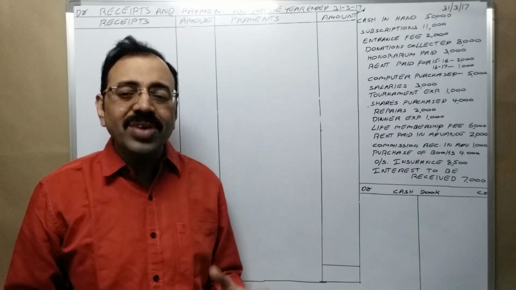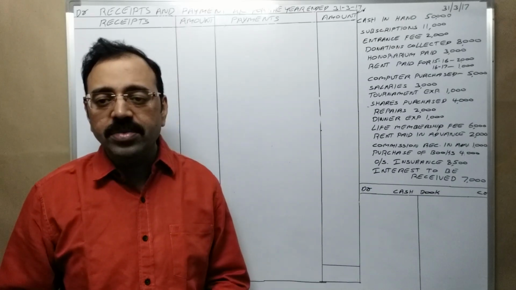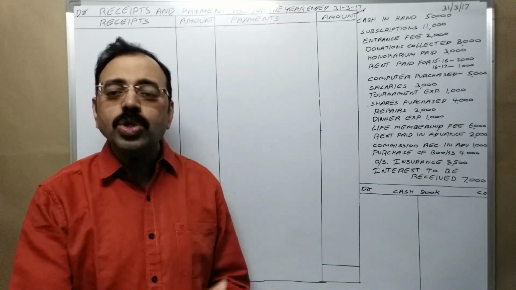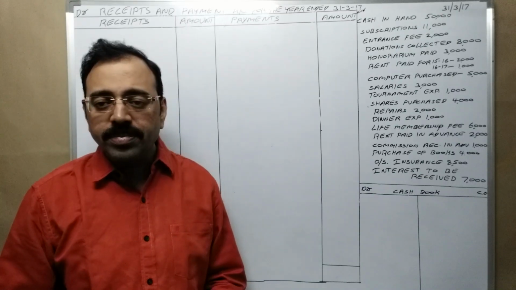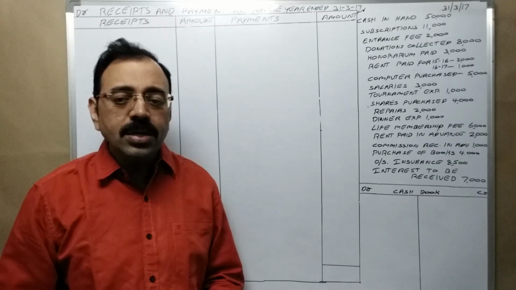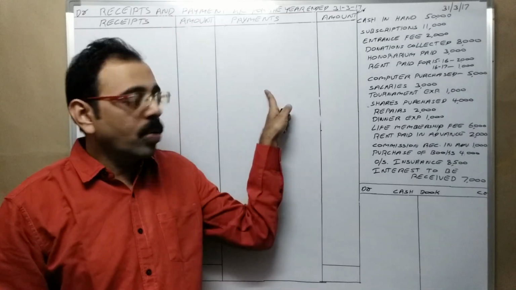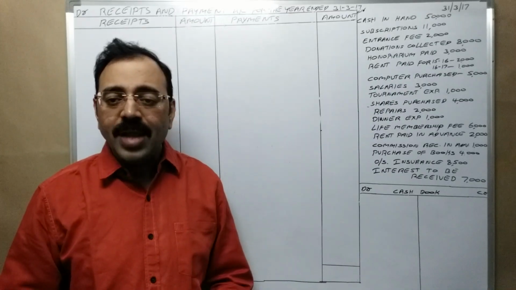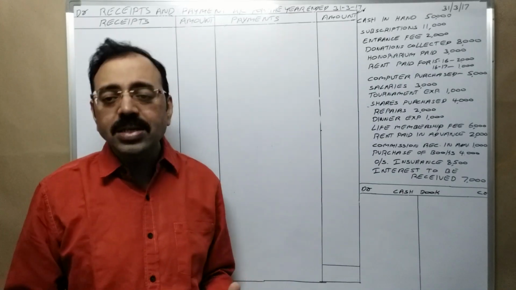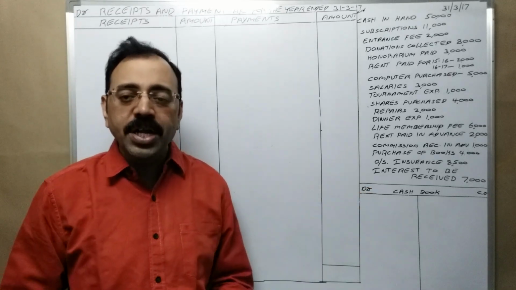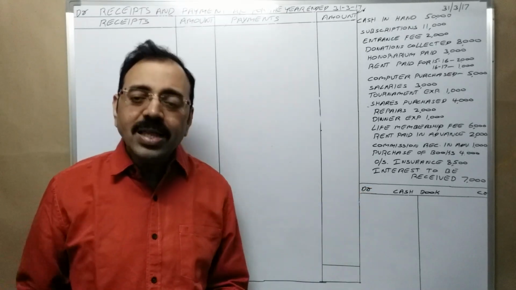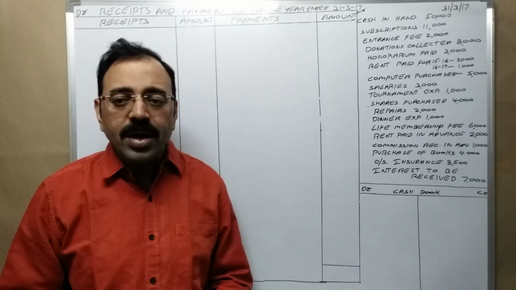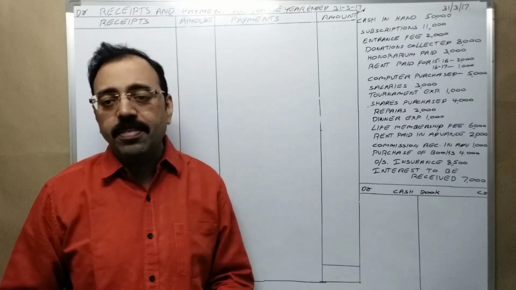For what purpose did we establish that organization? To provide that service. Regularly we should spend some amounts. So what happened here? Cash is going. It's a payment. And we need some funds to meet that regular expenditure. So we collect those funds from different sources. So what happened here? Cash is coming.